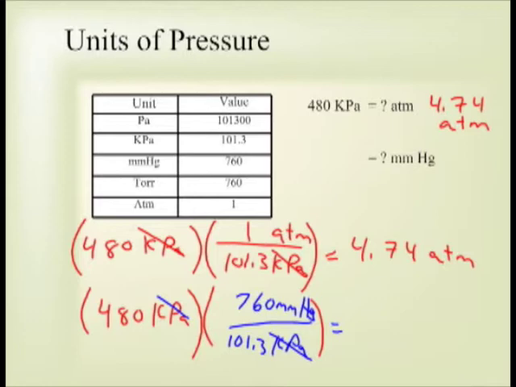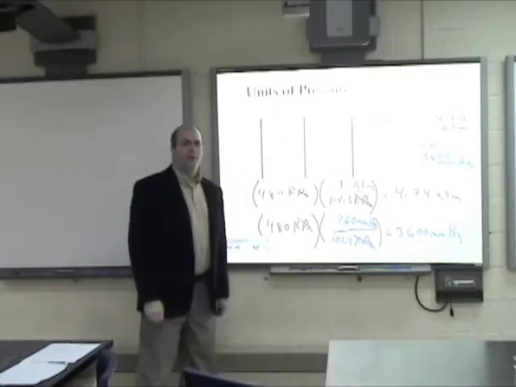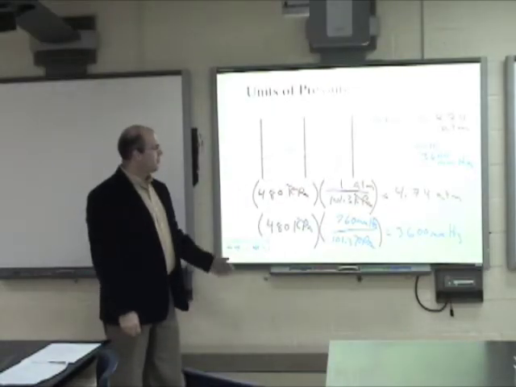There we go. Kilopascals cancels with kilopascals. 480 times 760, all divided by 101.3, is 3,600 millimeters of mercury. Using the factor label method, it's quite straightforward.